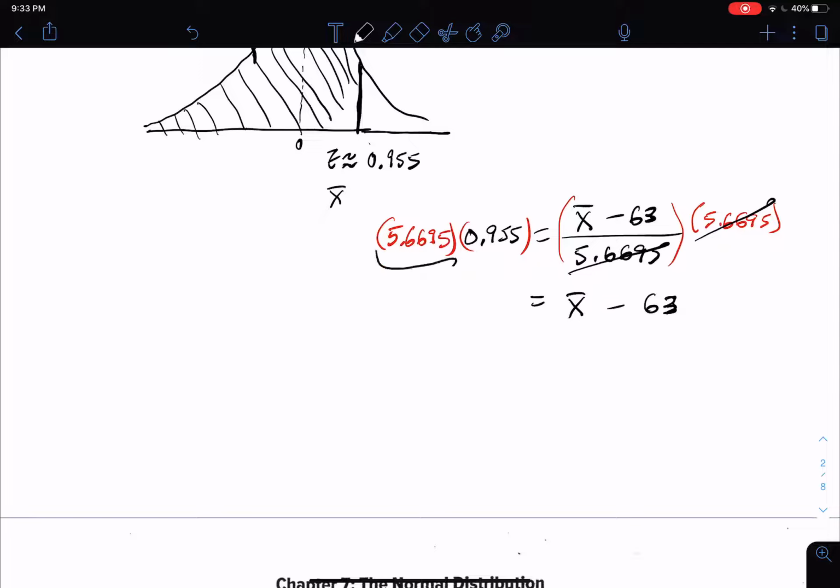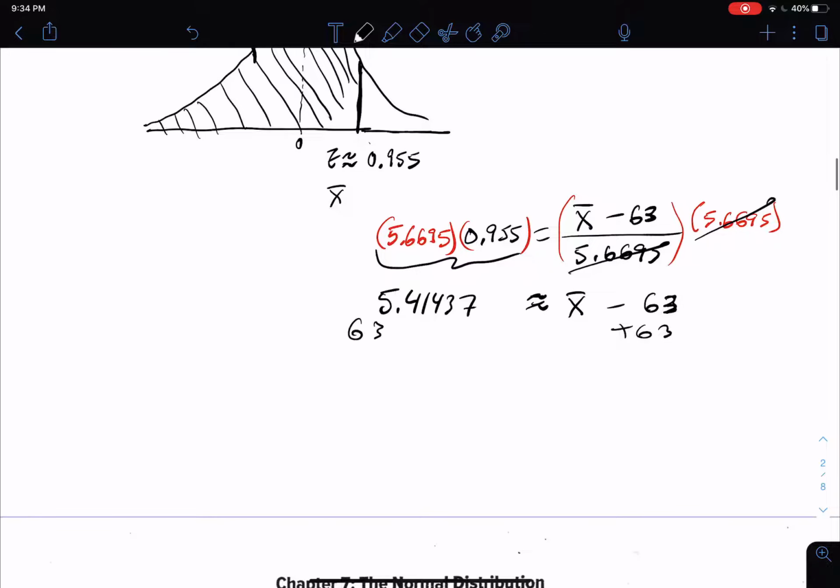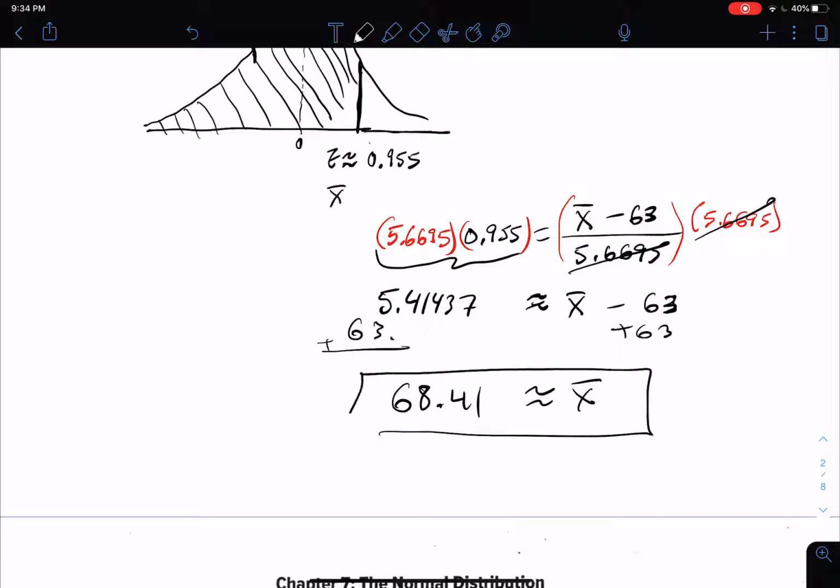On the left side, we calculate that this is approximately 5.41437. Then we add 63 to both sides, and we get x bar is approximately 68.41. And that is it.